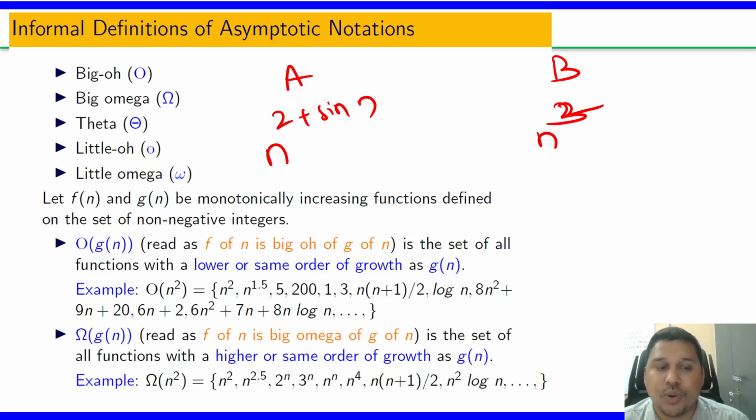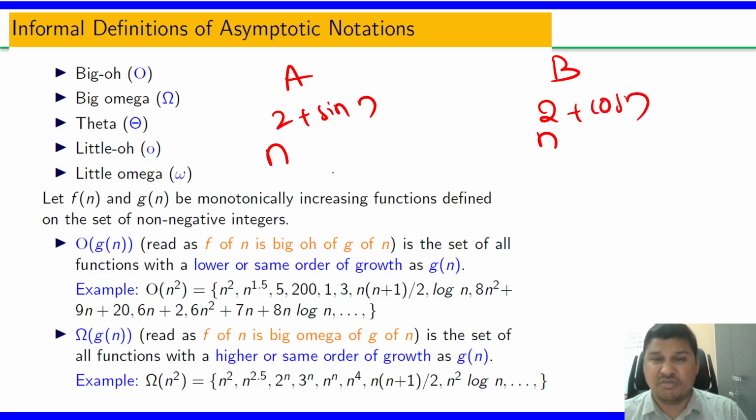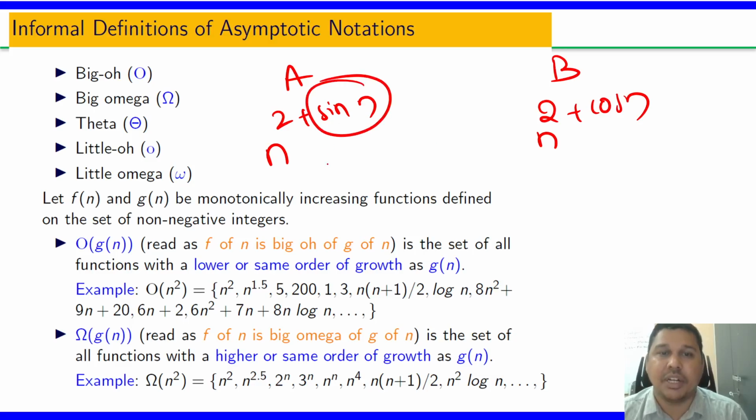We cannot say this because in some cases this is also n cube. Maybe it is something like 2 plus some cos n, for example. We cannot say which one is best here. It may have different values, so at different points we may get different orders of growth.